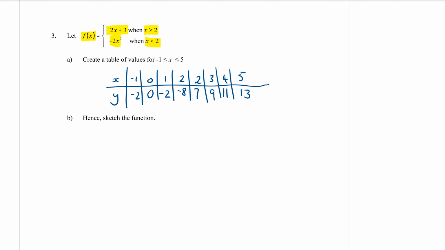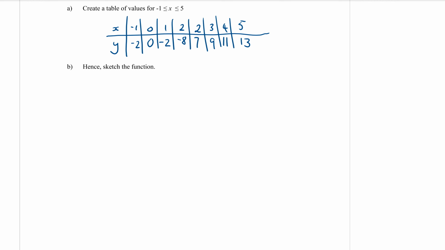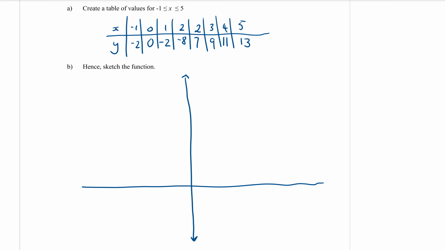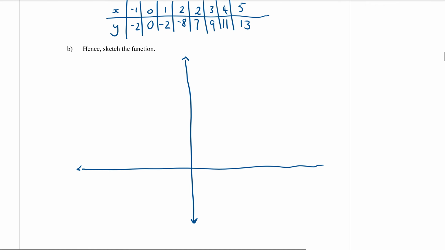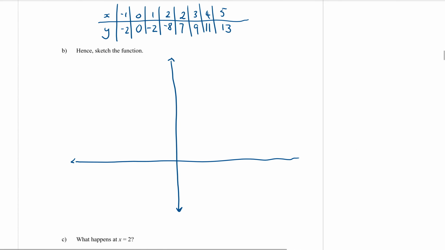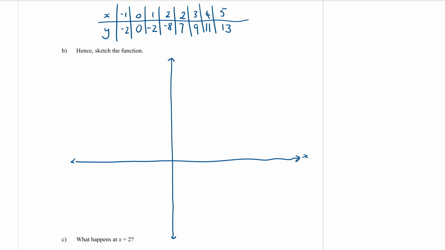Okay. To draw this, hopefully you have a ruler that you can be using. No? No rulers? All right, my x values go from negative 1, 0, 1, 2, 3, 4, 5.